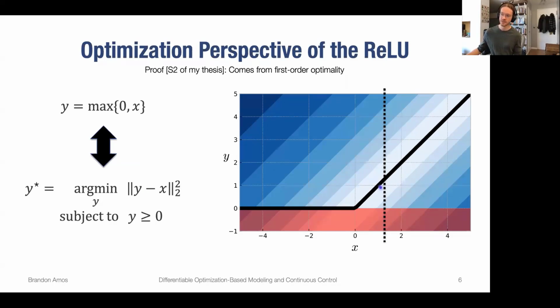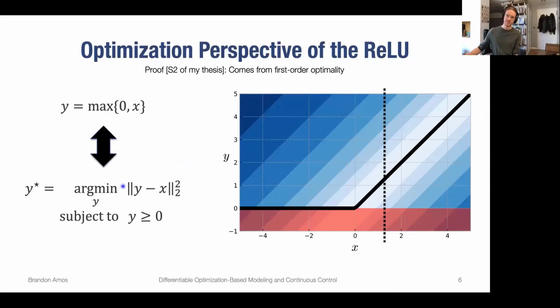You solve this quadratic objective, and you get out the identity function if you're in the positive part of the space, which matches the ReLU in the positive part of the space. And then once you start going negative, you just chop the solution to the non-negative orthant, and that gives you the flat part of the ReLU. So that's how you can translate what the ReLU is doing into this differentiable optimization view.